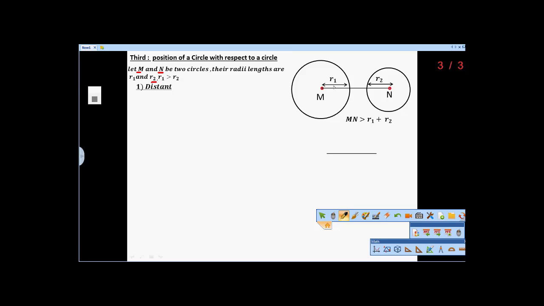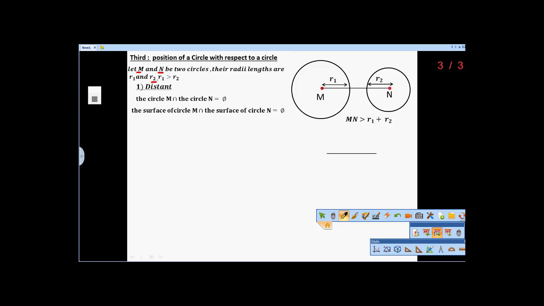For example, if I have R1 equal 3 and R2 equal 5, so MN must be greater than 3 plus 5. If I wanted to find the intersection between circle M and circle N, it will be empty set. And the intersection between surface of circle M and surface of circle N also is equal to empty set.